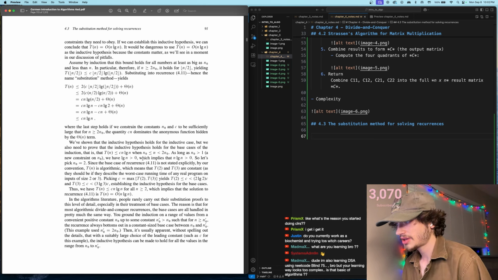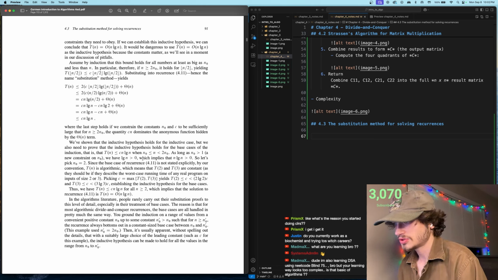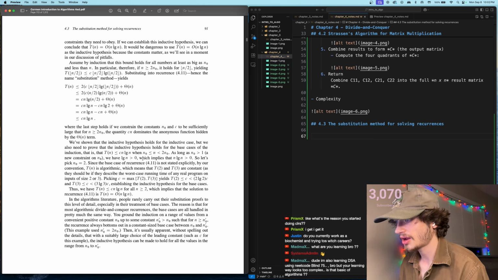You ground the induction on a range of values from a convenient positive constant n naught up to some constant n naught prime, which is greater than n naught, such that for n greater than or equal to n naught prime, the recurrence always bottoms out in a constant size base case between n naught and n naught prime. This example used n naught prime equal to 2 times n naught.